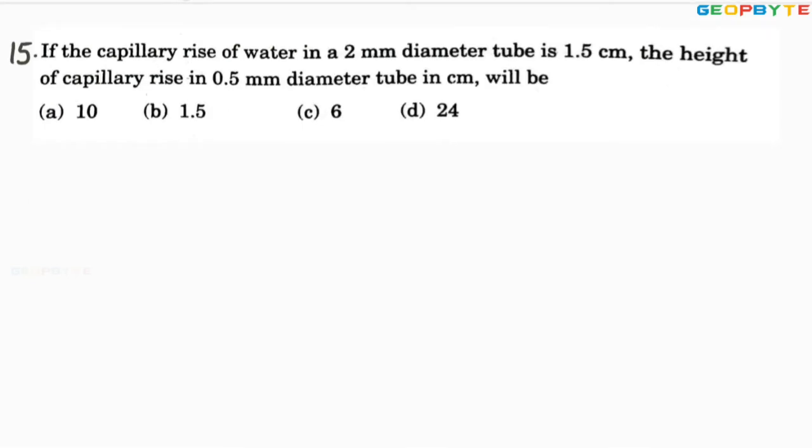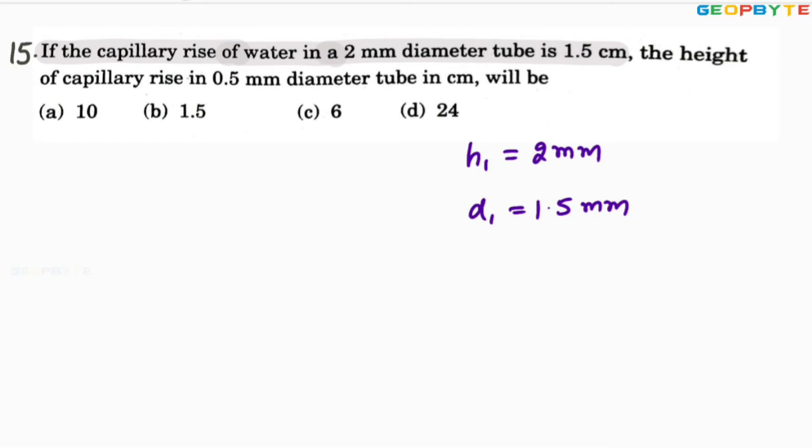Look at the 15th problem. If the capillary rise of water in a 2 mm diameter tube is 1.5 centimeter, capillary rise H1 equal to 2, and the diameter of the tube is 1.5 mm.